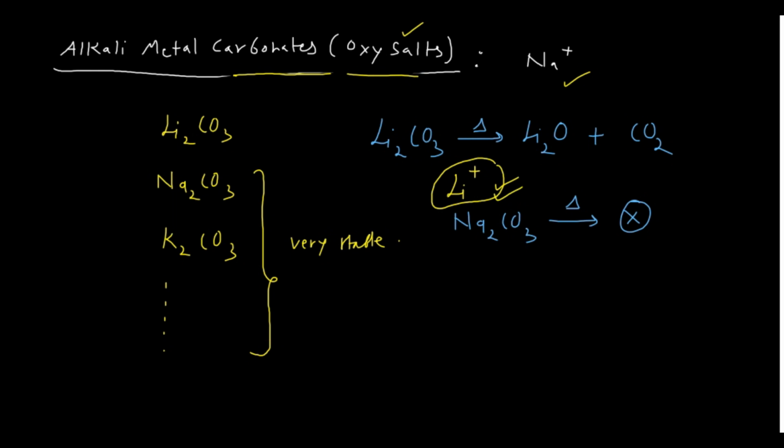You know the oxide is a small anion, so Li2O is more stable than the carbonate. That's why it facilitates this kind of decomposition. The driving force of the decomposition is the gain in lattice energy resulting from the substitution of the smaller oxide ion for the larger carbonate ion. This is the reason.